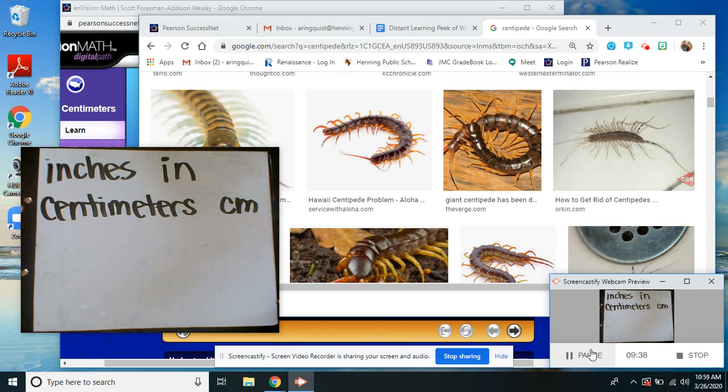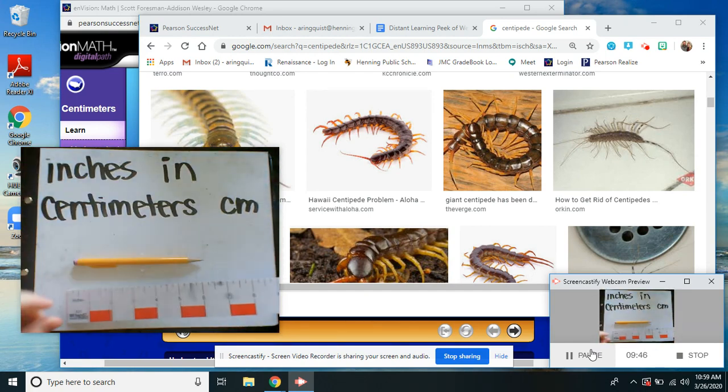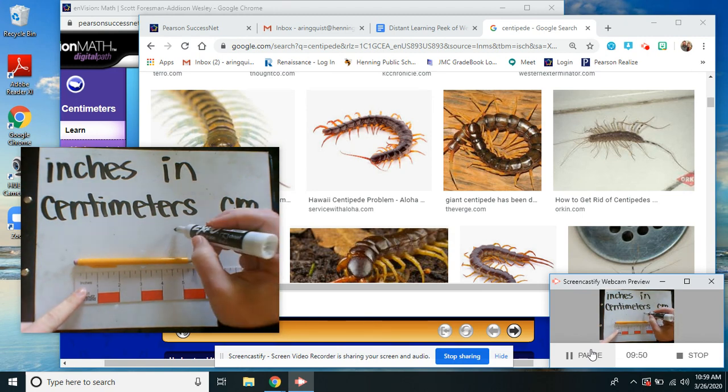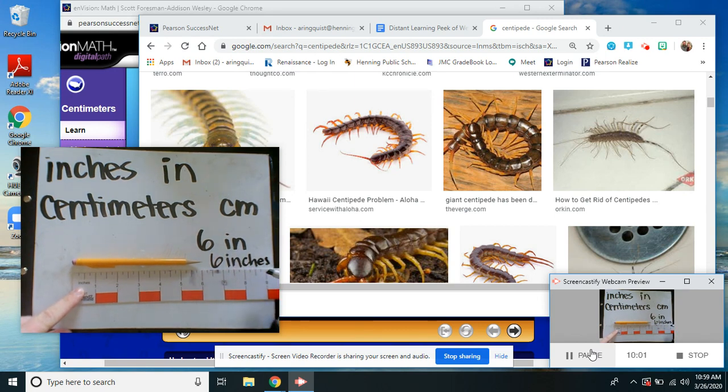So if I was to measure my pencil in inches, I would get out my ruler. Mine might look a little different, but they measure the same. Oh, this is 6 inches, so I could say 6 inches, or I can say 6 IN. This means the same thing.